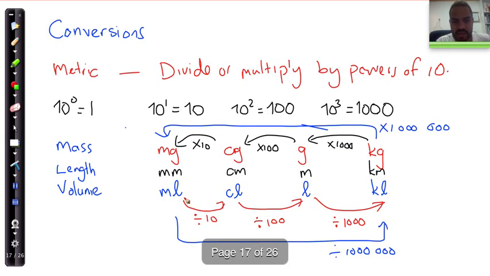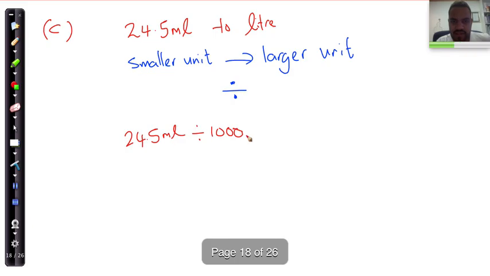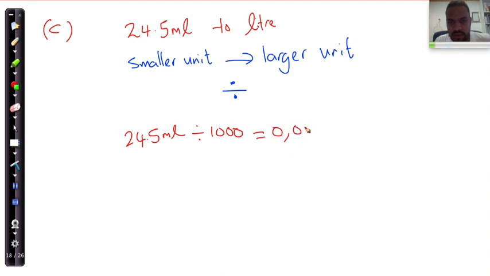And the reason I say we could have divided by 10 is because we go from milliliters to centiliters, and once I have centiliters, I can convert to liters. But you can do that right away, because 10 times 100 gives me 1,000, and 24.5 divided by 1,000 gives me 3 decimal places, and that's going to give me 0.0245 liters. Okay, and so there are our first few basic examples.